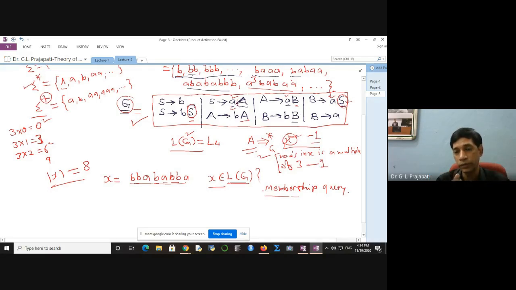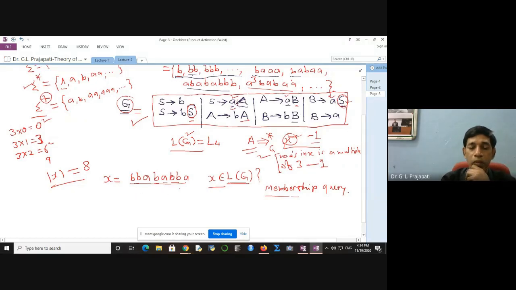So how can you find out? Again, the process is simple. You need to use the grammar rules for finding the sentence, for finding the string like this, which means you have to go for the derivation rules.